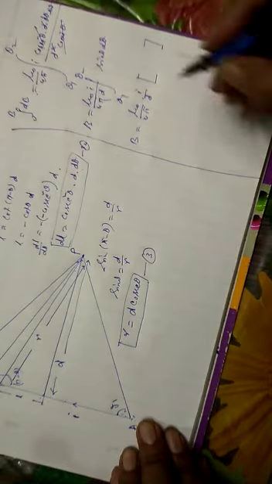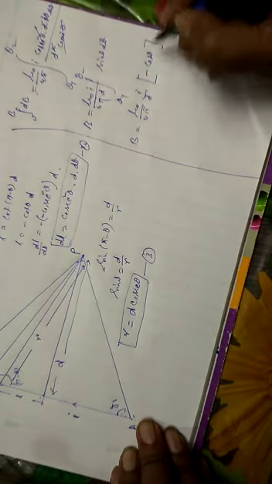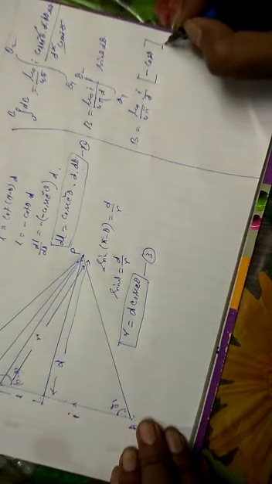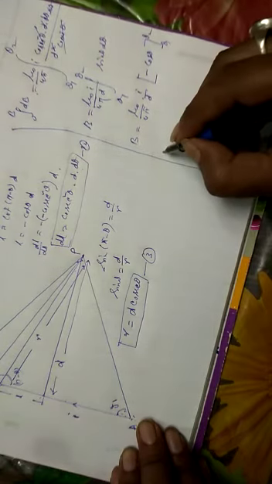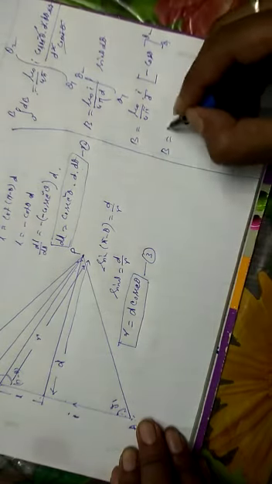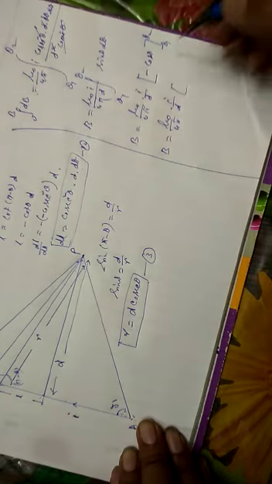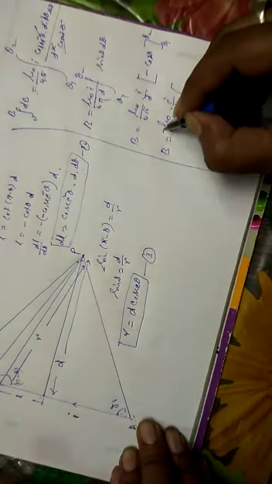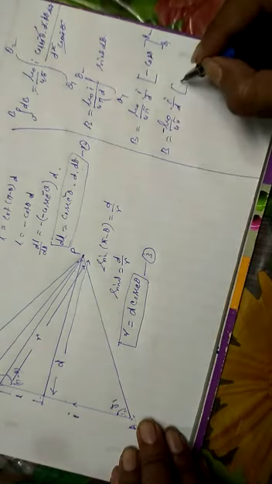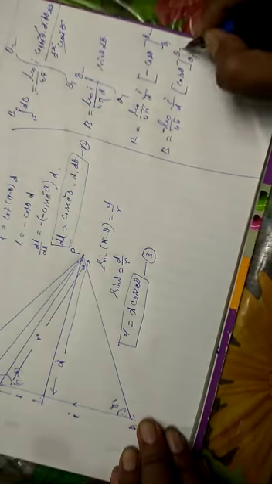and integration of sin theta is minus cos theta, and limit is theta 1 to theta 2. And so your b is equal to mu naught by 4 pi I by d into minus common, so it is cos theta, theta 1 to theta 2.